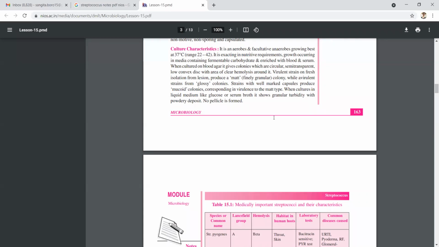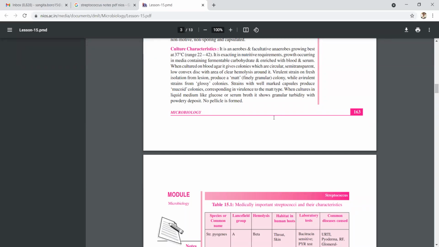The media can be enriched with blood and serum, and then you see them growing very well. When cultured on blood agar, it gives colonies which are circular, semi-transparent, low convex discs with an area of clear hemolysis around them. So you will find beta hemolysis occurring when this bacteria grows on blood agar.